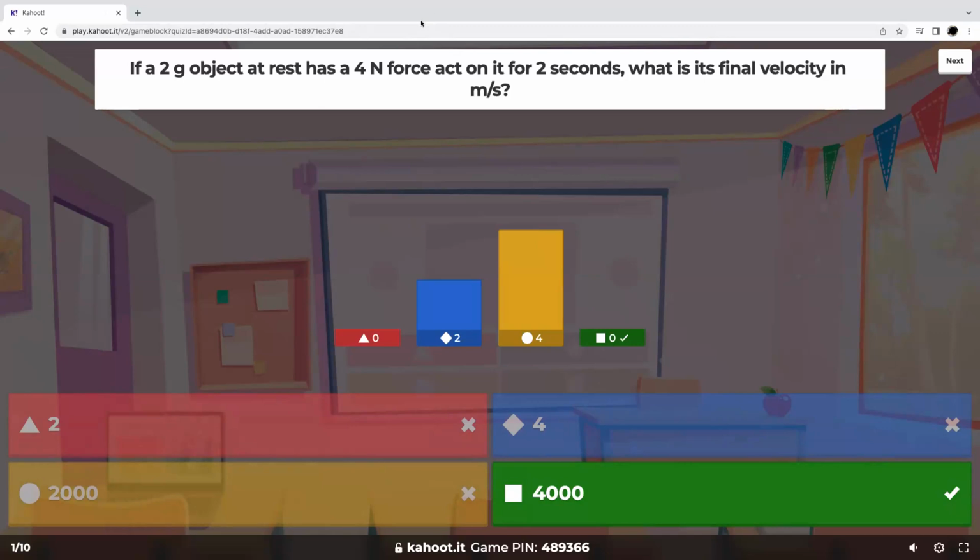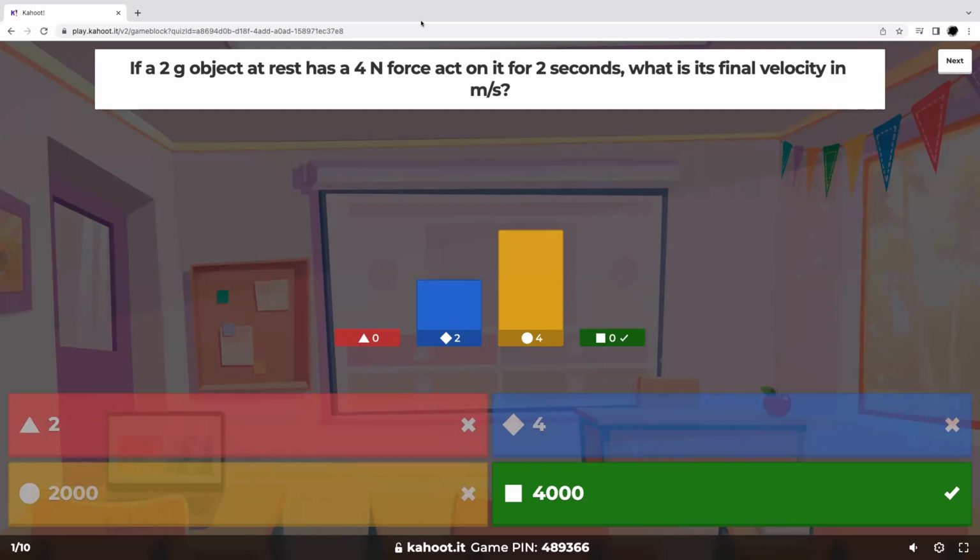Oh, wait, no, that is correct. Sorry, let me check myself. It is 4,000, because if you just find the acceleration, that's going to be 4 newtons divided by 0.002 kilograms, which will give you 2,000 meters per second squared of acceleration.